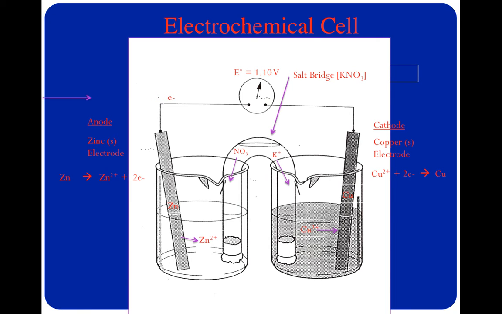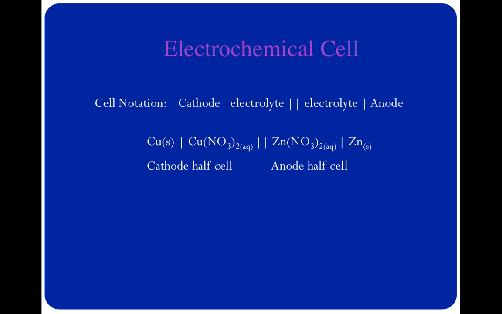Now the electrons always flow anode to cathode. They're made here, and they go over here. Electrons there, copper 2+ hits them, and that's why it's heavier over there. So that's your introduction to an electrochemical cell.